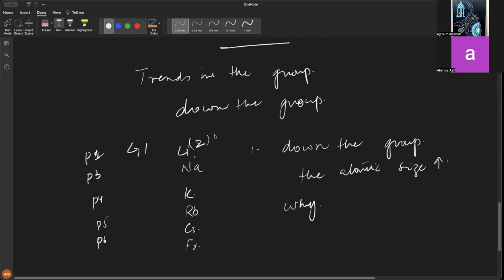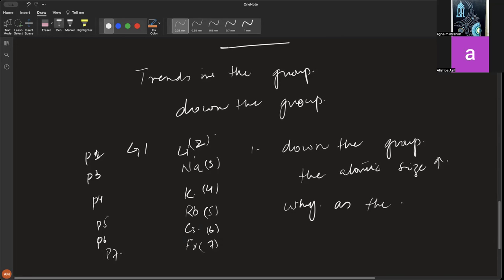Sodium will have 3. Potassium has 4 shells, then 5 shells, 6 shells, 7 shells, right? So if you're going down the group, the number of shells is increasing. If the number of shells is increasing, it means the atomic size is increasing.